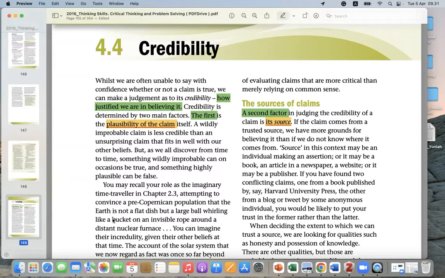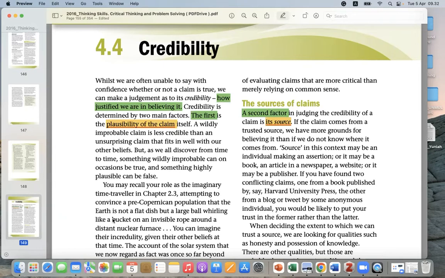You need the first kind, which is the plausibility of your claim. Is your claim right or not? When you say right, then your explanation should be right, and you have to have more corroborations, more evidence, and more things to judge supporting your claims. This is the first one.